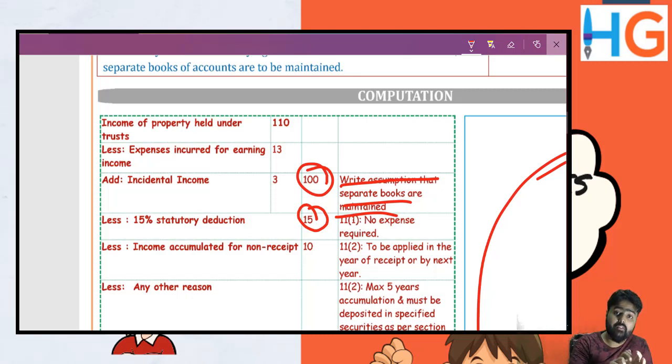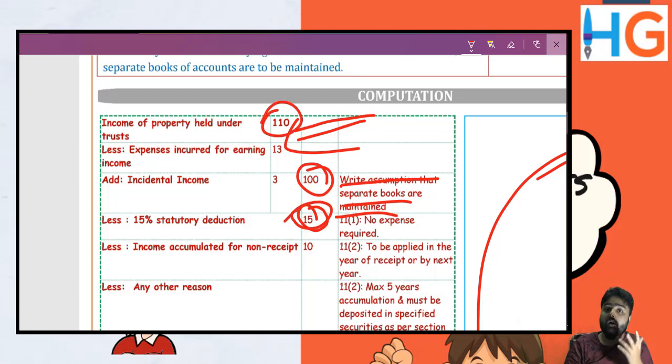It is earmarked for application. So the corpus donation is never treated as income in my hand, so it will not come under this. No 15% is required. Other donations will be coming here.